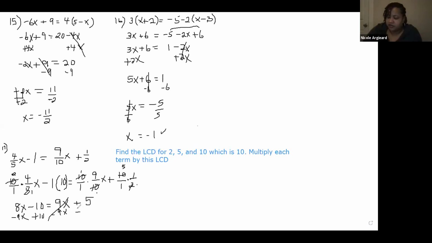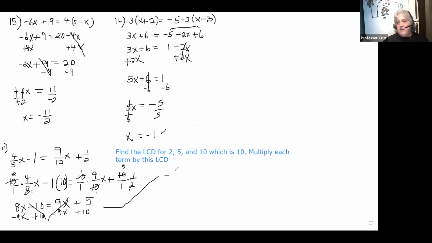I got negative 15. Sounds about right. All right, so this is going to be 8x, take away 9x, so that's negative x is equal to 15. Now, whenever you've got a negative x equal to something, you're not finished because we need to know what x is equal to.